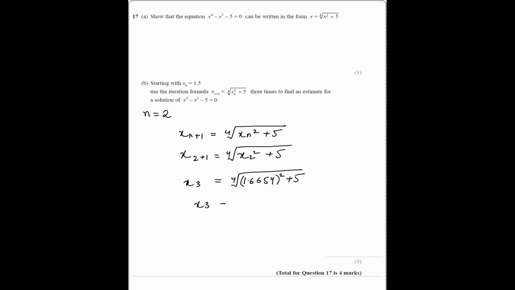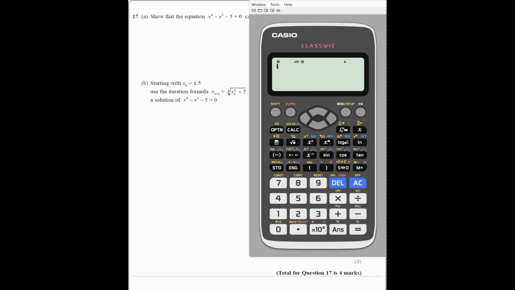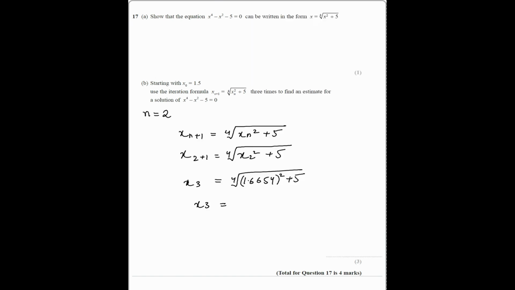So for x3, we press shift and then the power key, 4, and then 1.6654^2 plus 5. It will give us 1.66976, so we can make it 1.6698.